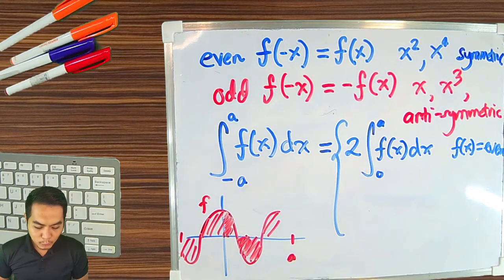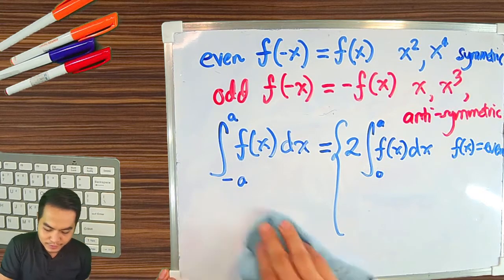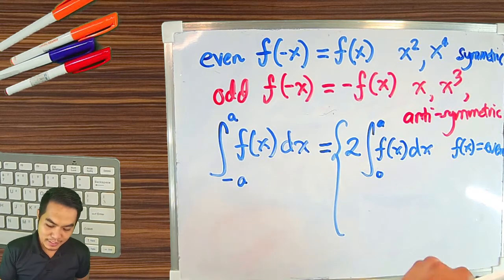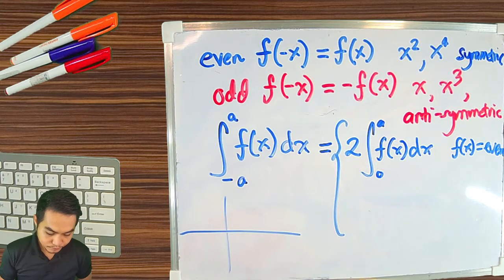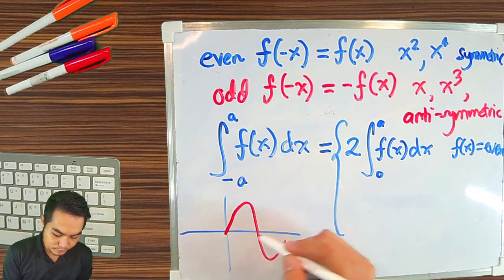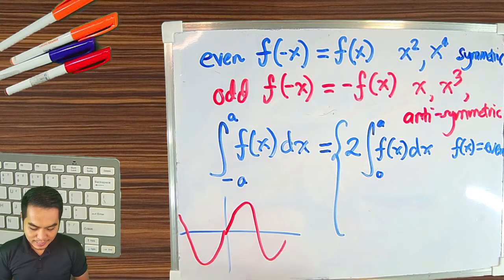Now, what will happen if you have an odd integrand and even limits? For instance, the sine function. If you notice, the sine function is anti-symmetric.